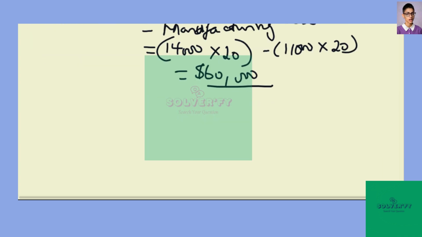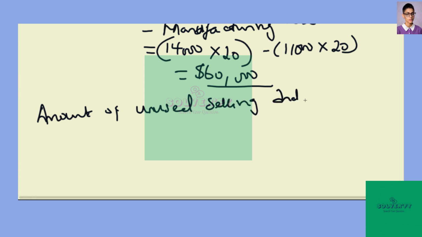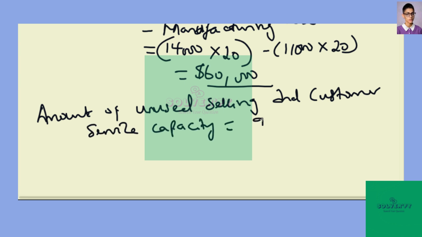Now next, we're going to calculate the amount of unused selling and customer service capacity. So this is equal to 90 minus 80 and it equals 10.